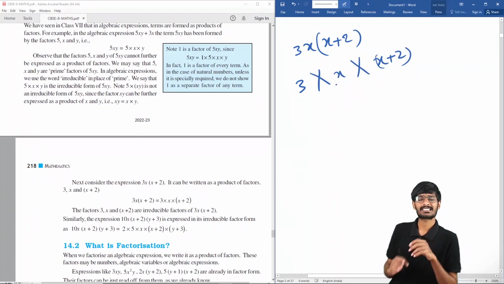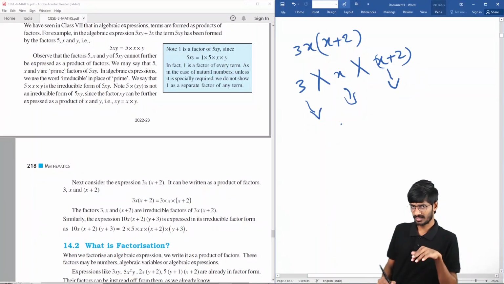All these three are factors. So 3, x and x plus 2 are the irreducible factors. We can't reduce 3, we can't reduce x, we can't reduce x plus 2 further. These are the irreducible factors of the algebraic expression, students.